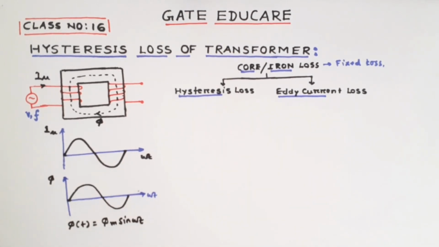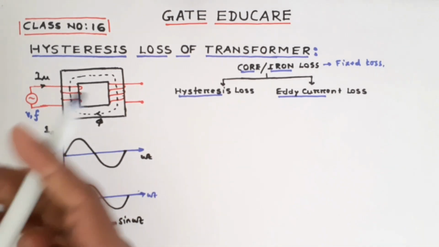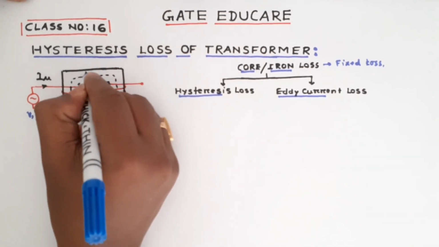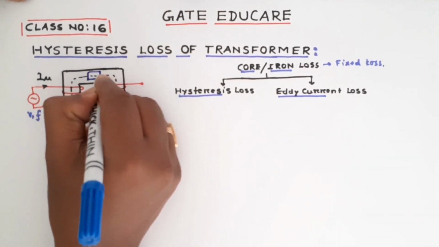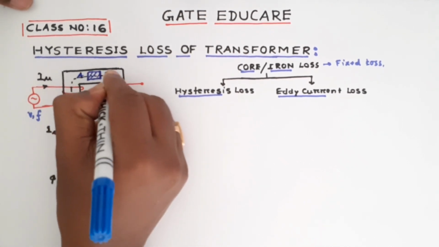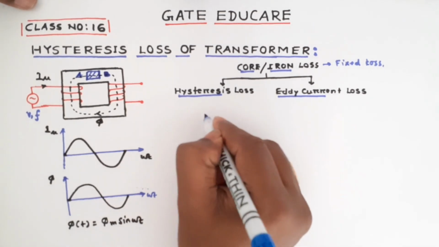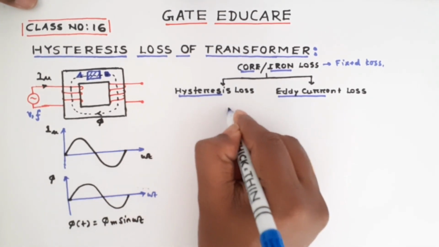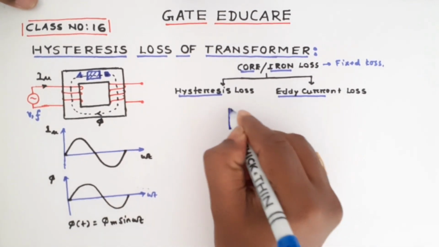Now, to understand the hysteresis loss of a transformer, I take a small piece of iron of the transformer core. Suppose this is A and B. This is the transformer core.